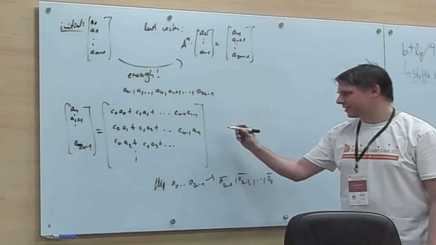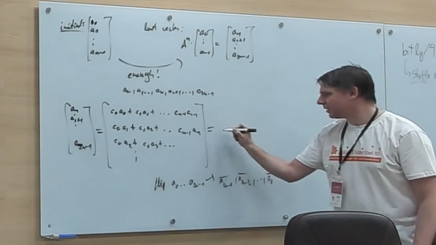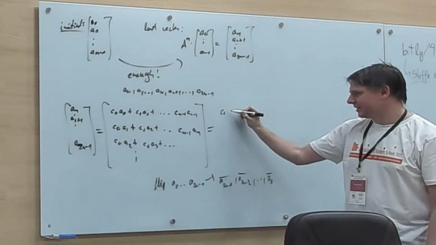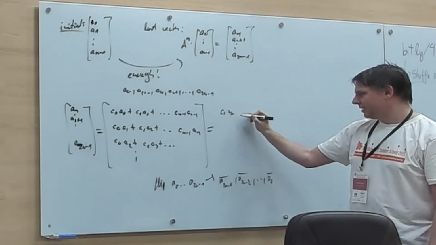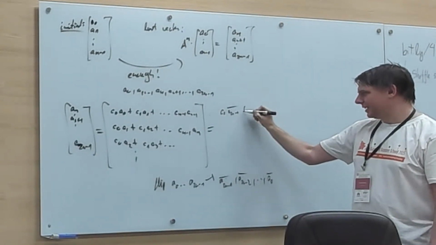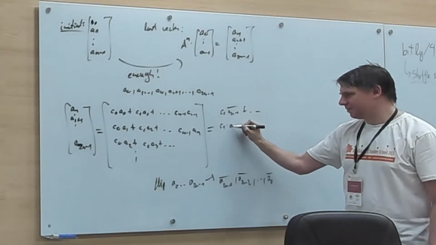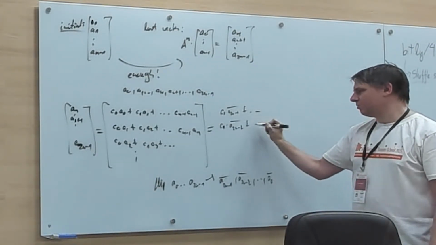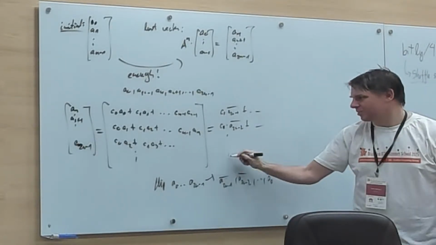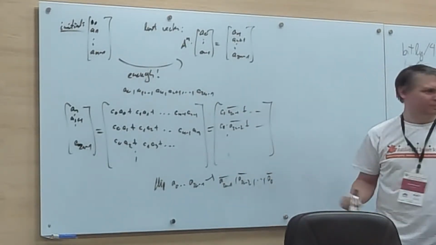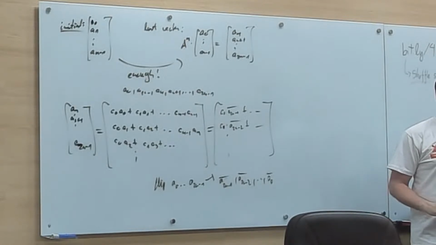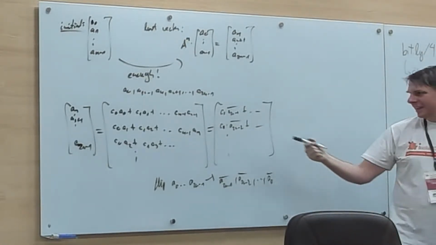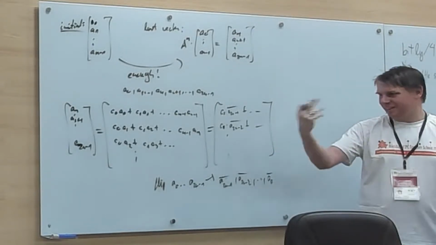And with this reversed indexing, we finally find that this is C0 times a(2n-1) plus and so on. This is C1 times, C0 times a(2n-2) and so on. So now these are coefficients in a convolution.